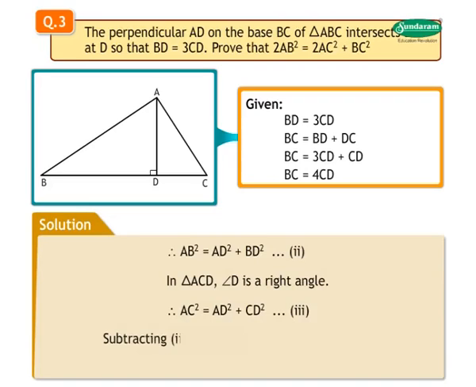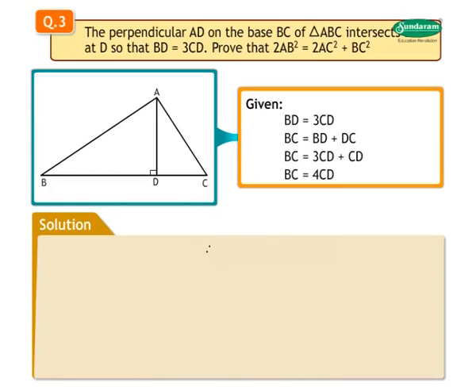Now, by subtracting 3 from 2, we get AB square minus AC square is equal to AD square plus BD square minus AD square minus CD square. Therefore, AB square minus AC square is equal to BD square minus CD square.